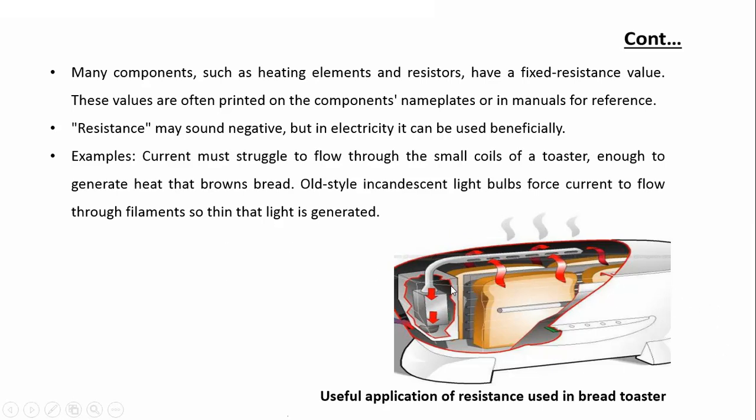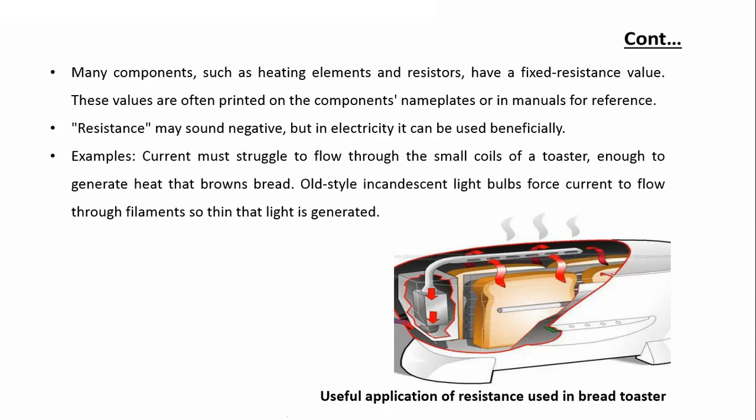When you allow the current to flow through them, the wirings with the least diameter will experience huge resistance in the passage of flow of electrons. So that resistance, or that friction in flow of electrons, will end up generating heat. That heat is used for a useful purpose to brown your bread.